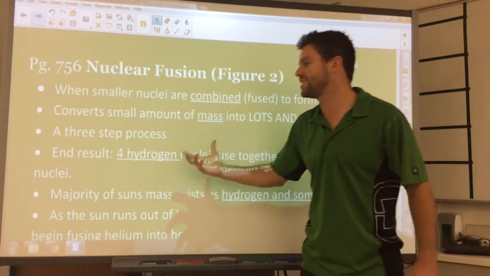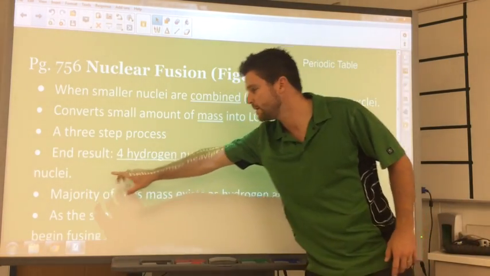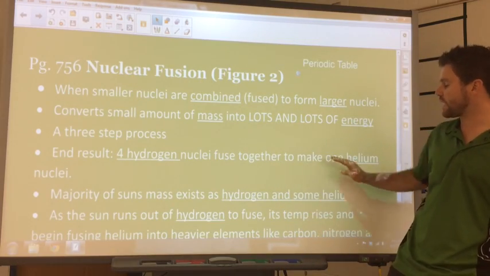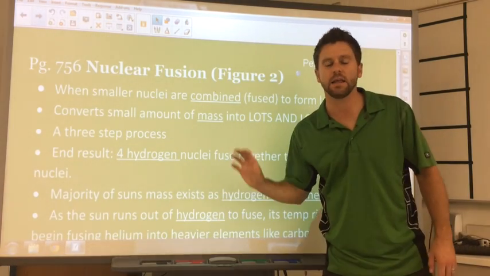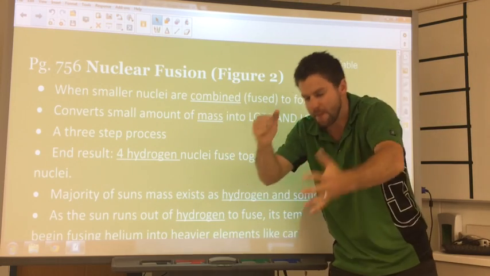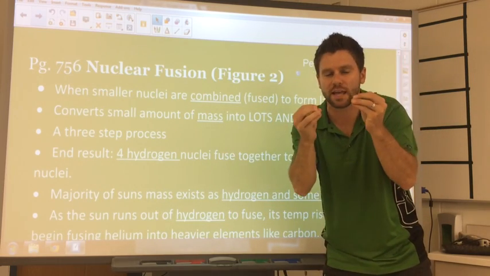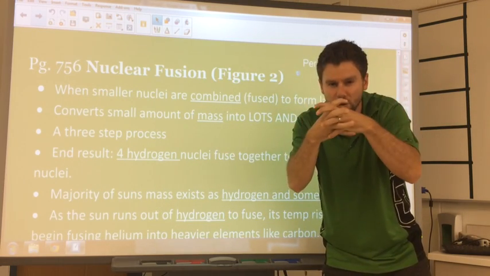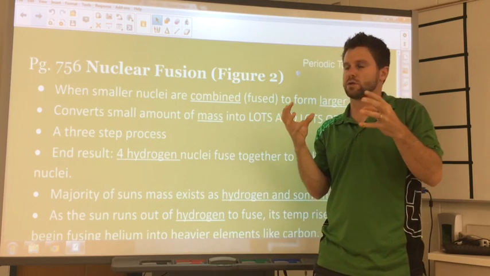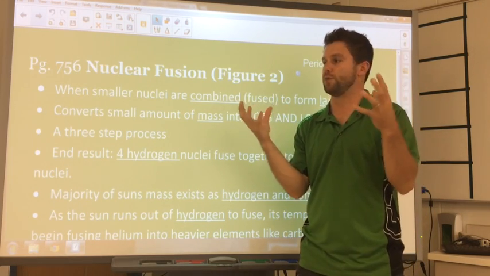And there's a three-step process. In the end, 4 hydrogen atoms fuse together to make one helium nuclei. So 4 hydrogens, bam, bam, bam, and the nuclei of those hydrogen atoms fuse together. We're not talking about like 2 balloons, right?